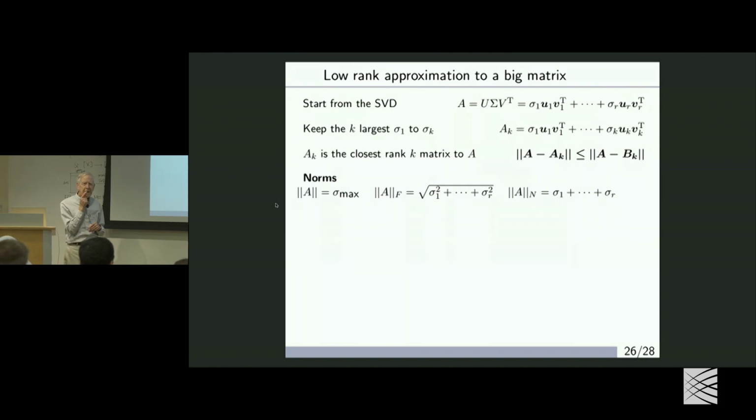But I'm remembering very well the day that Nick Patterson came to say, I have genetics matrices of size 10 to the 4th or 10 to the 5th. What do I do for their SVD? And I didn't know. I had no answer what to do for the SVD of a giant matrix of Broad Institute size, right? So what do you do?